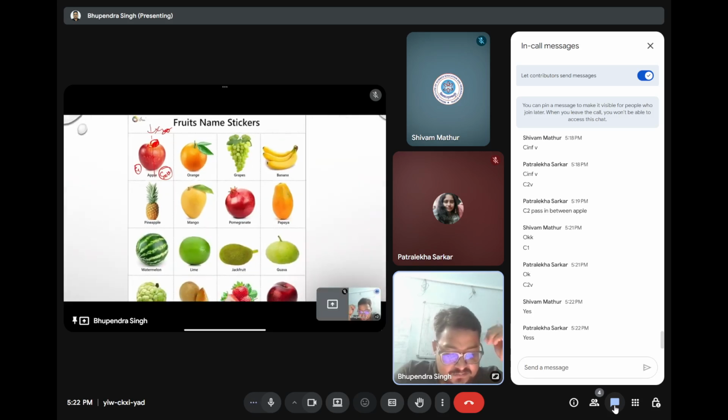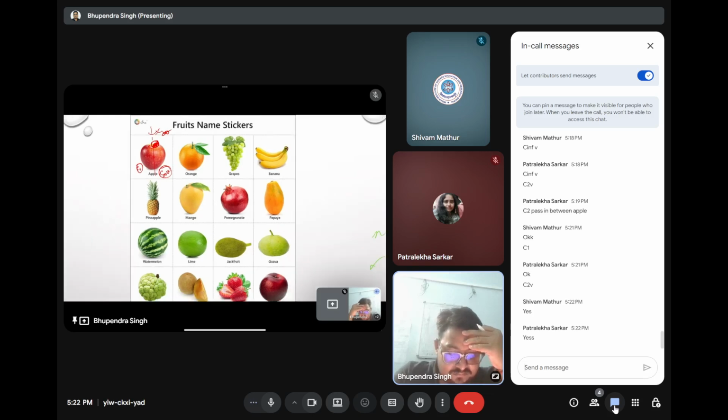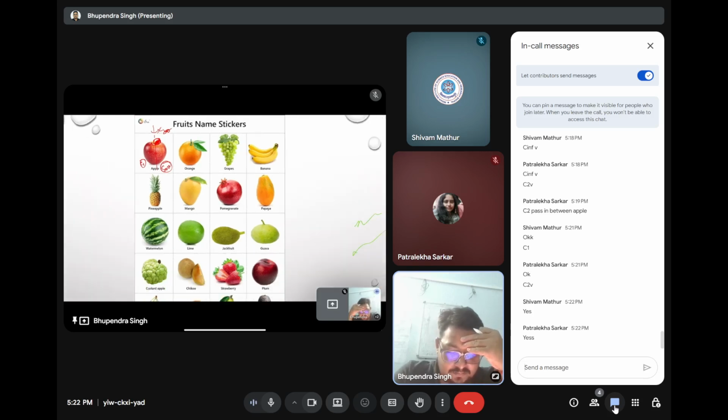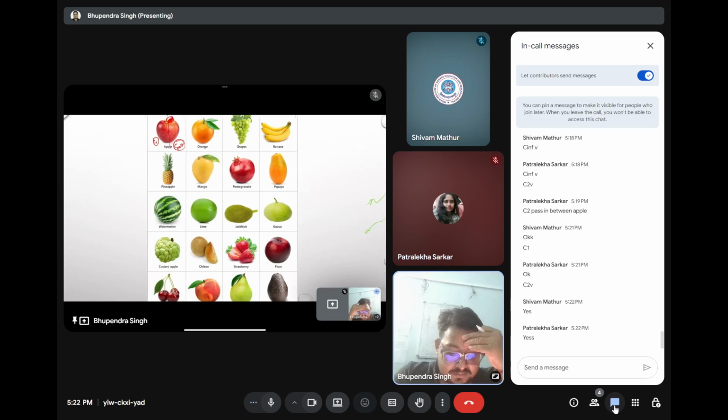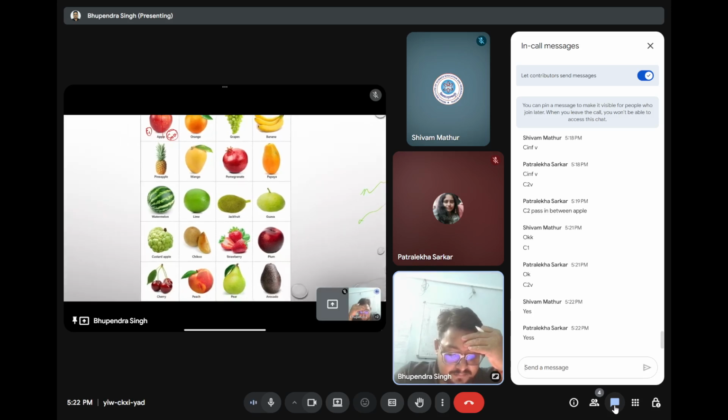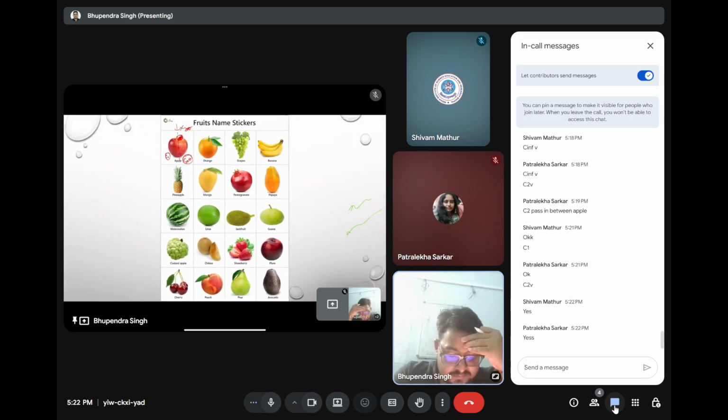of orange, grapes, banana, pineapple, mango, pomegranate, papaya, watermelon, lime, jackfruit, guava, custard apple, chiku, strawberry, plum.